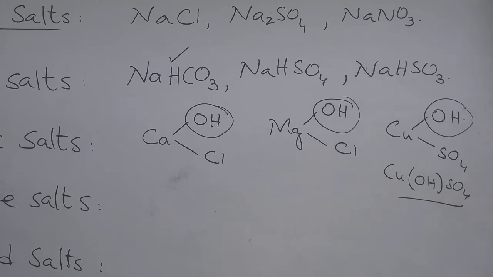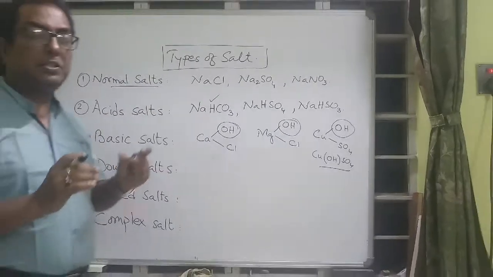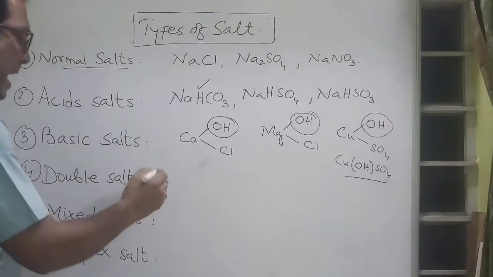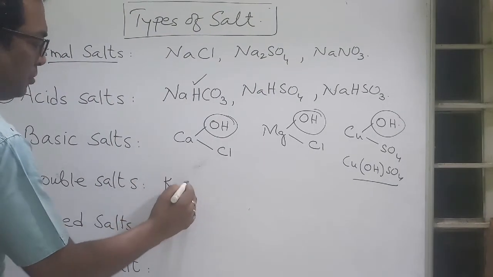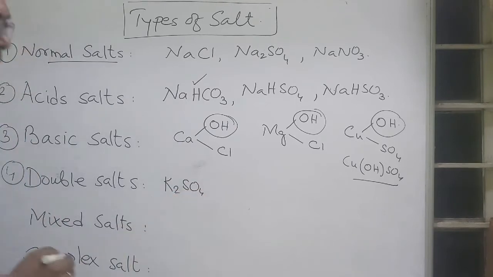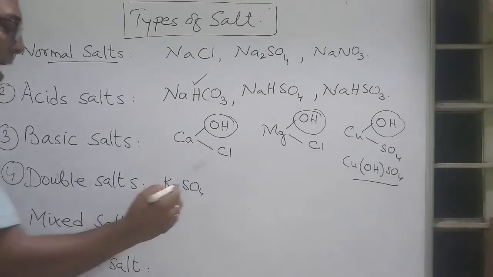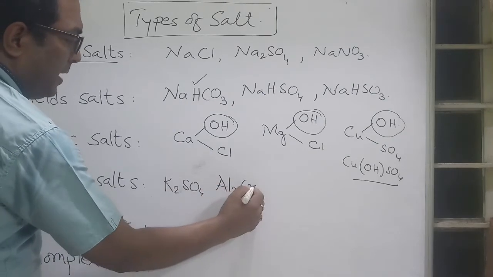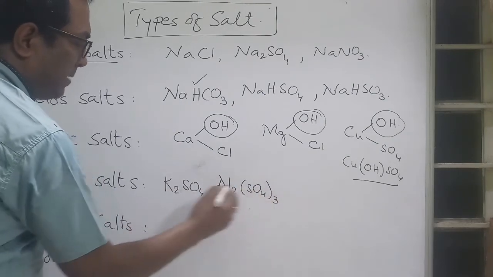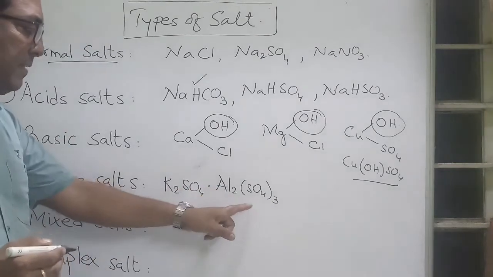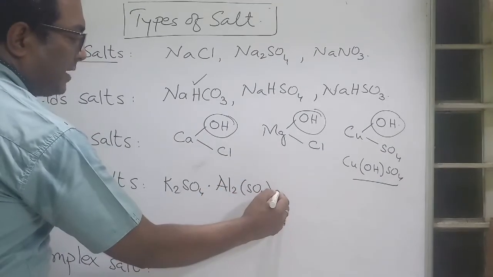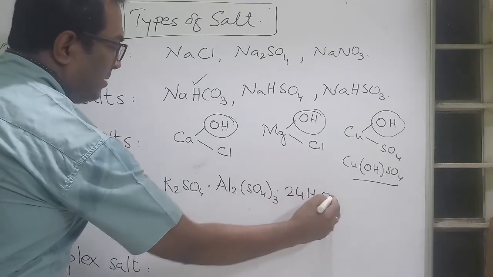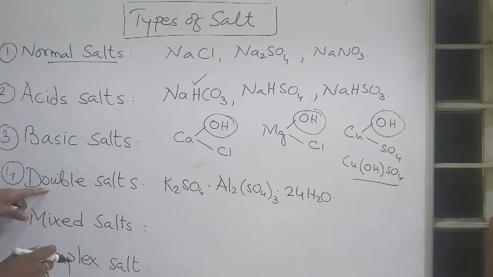Fourth to go is the double salt. These are two salts which are being added together. Let us see. I have an example with K2SO4. This is called potassium sulfate. I have together with it aluminium sulfate. So aluminium sulfate together with the water molecules forms a double salt.